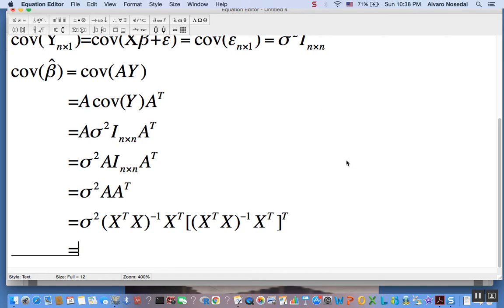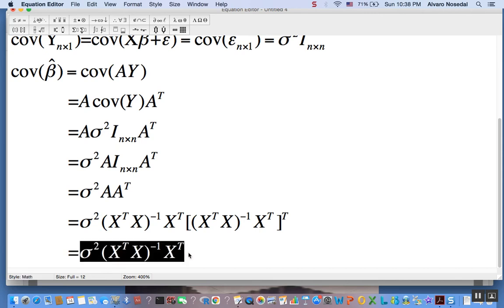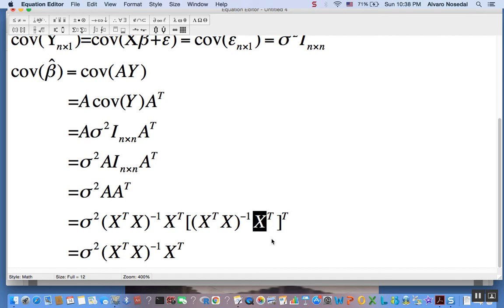Now, using what we know about the transpose: if we have the transpose of a product of two matrices, it's going to be the transpose of the second matrix times the transpose of the first matrix. So let me write that down. That's just going to be X, since transpose transpose gives X, and then we're going to have X transpose X inverse transpose, right?